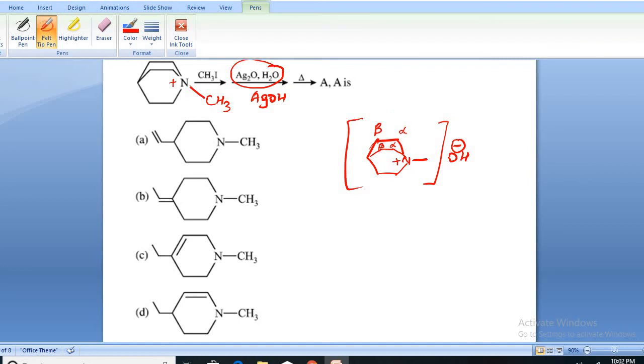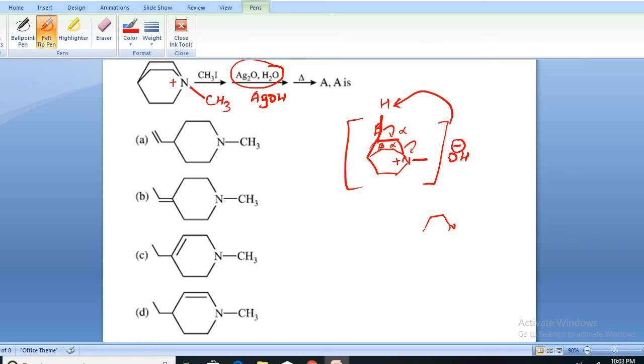So where exactly is what going to happen over here? There is a hydrogen over here, OH minus will be attacking here, so the bond shifts here, nitrogen gets the lone pair. The only choice which is left is, now this particular fragment is intact, so I'll be having something like this.